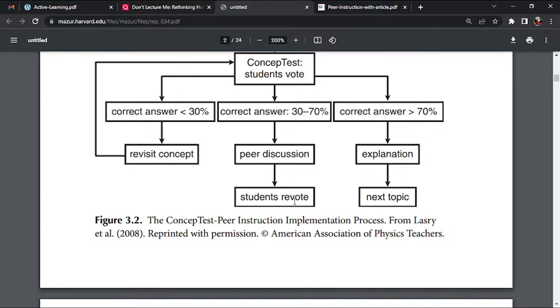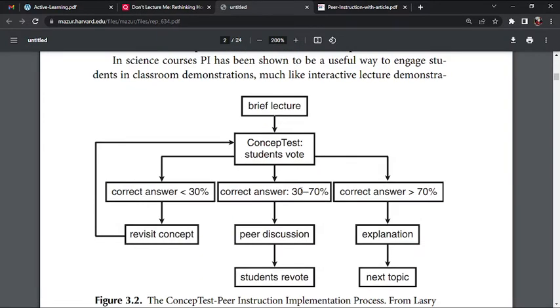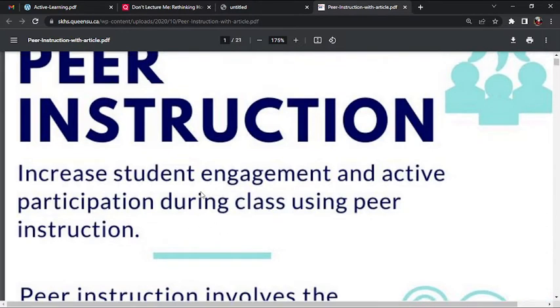Don't worry if you're not getting it. We'll explain it further and break it into details. Again, if more than 70% of the students get it correct, he will go ahead with the explanation and go to the next topic. Now, to break it further, here is how peer instruction works: increase student engagement and active participation during class using peer instruction.